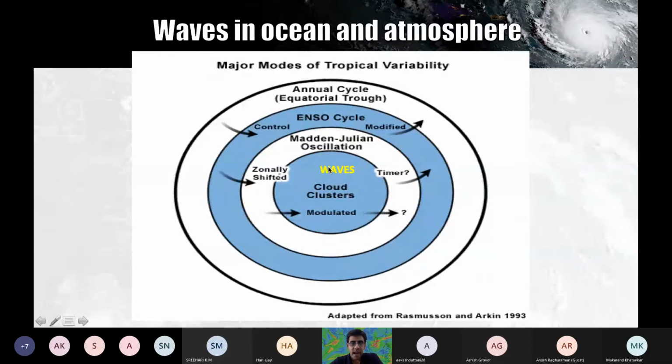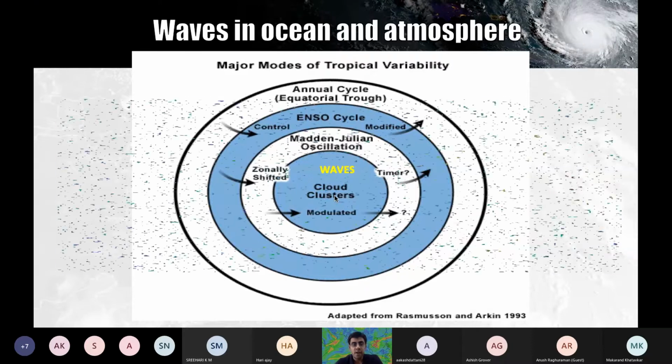Okay, so the waves are the connecting link between any major tropical variability and the cloud, because unless and until the energy is transferred, clouds will not form. So the waves are the ones that actually transfer the energy from all of these big tropical variabilities that we know. The waves are the connecting point for that, and that's why they play a very, very important role.